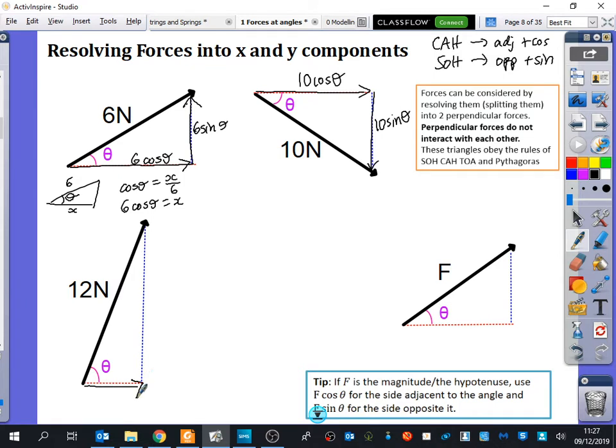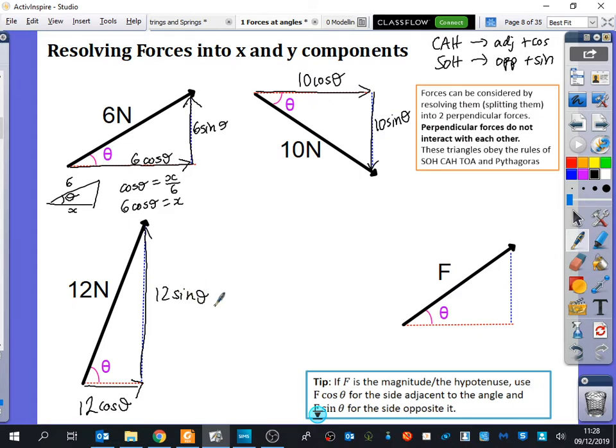Notice when I do the arrows, I'm starting from where the force begins, and I'm ending up where it does up here. So this one running along the bottom here would be what, Sarah? What would this one be? 12 cos theta, and then this one is going upwards. I know it's going upwards because it's starting here. It's an across and an up. 12 sine theta.